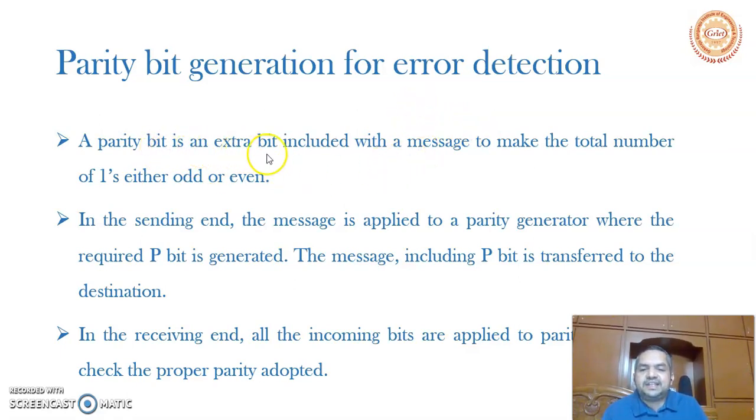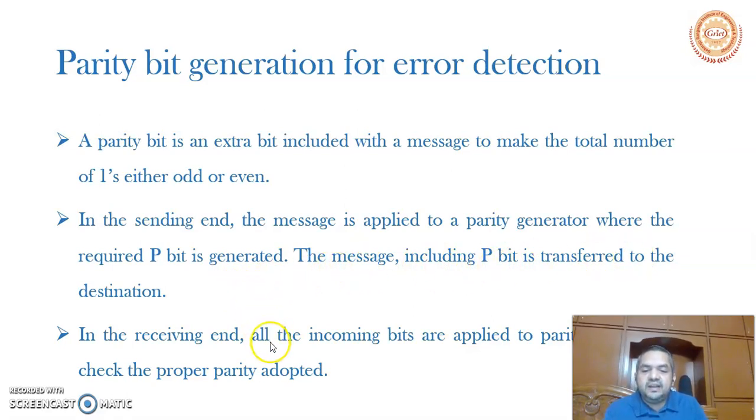A parity bit is an extra bit included with a message to make the total number of ones either odd or even. At the sending end, the message is applied to a parity generator where the required parity bit is generated. The message including the parity bit is transferred to the destination.